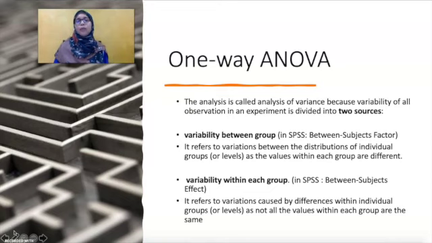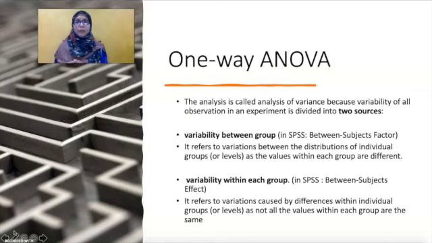And then we have another one, which is variability within each group. In SPSS it is known as between-subject effect. It refers to variation caused by differences within individual groups or levels, as not all the values within each group are the same. So we have 2 analyses of variance.